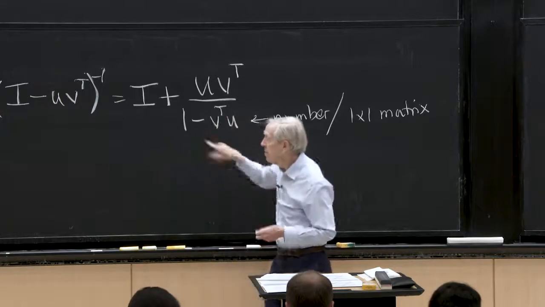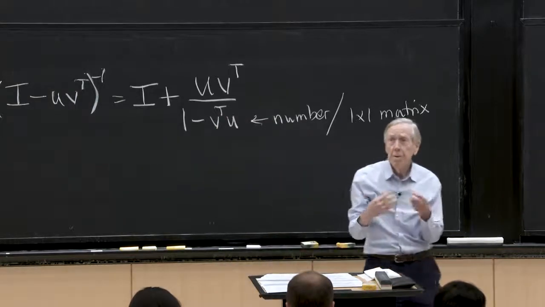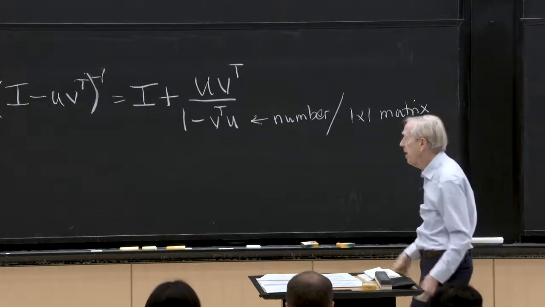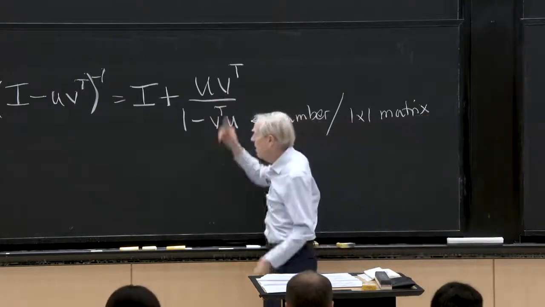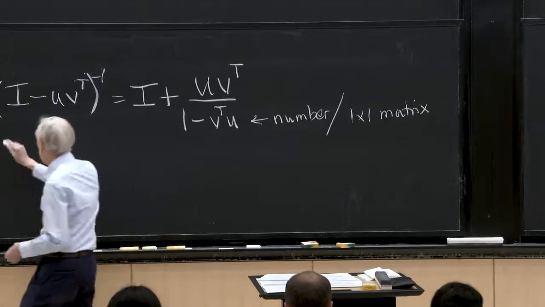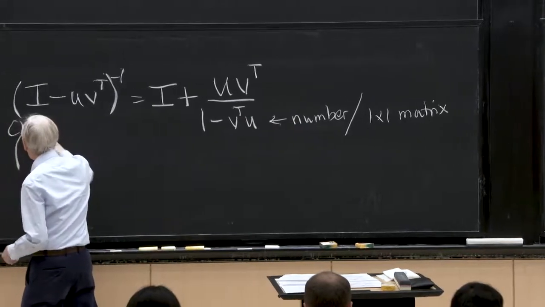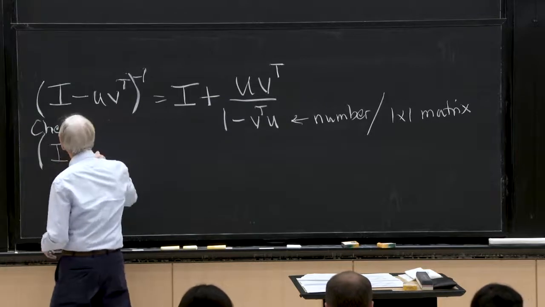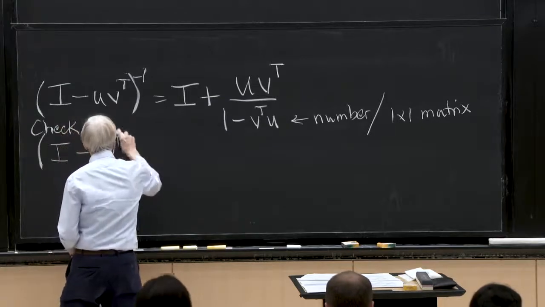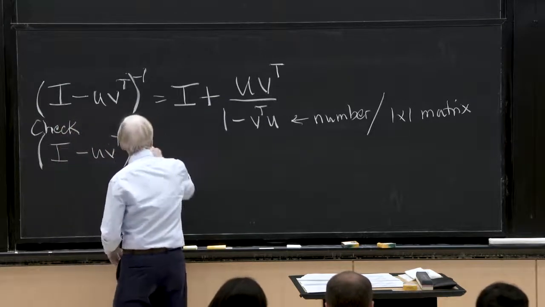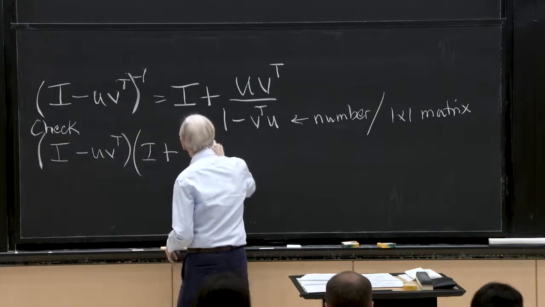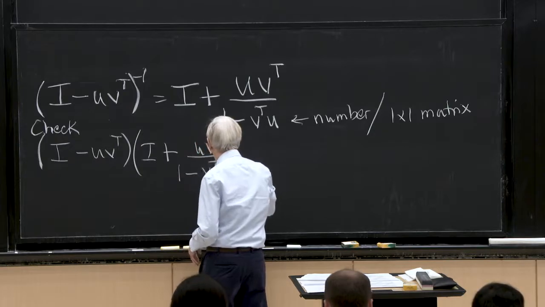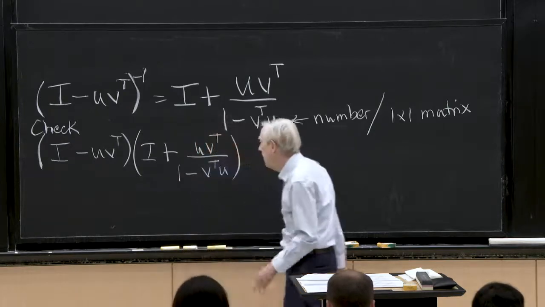Let me just check the formula before I talk about how it's useful. So how shall I check it? If this is claimed to be the inverse, then let's just check. So this will be the check. I'll multiply by that, I plus uv transpose over 1 minus v transpose u, the claimed inverse.